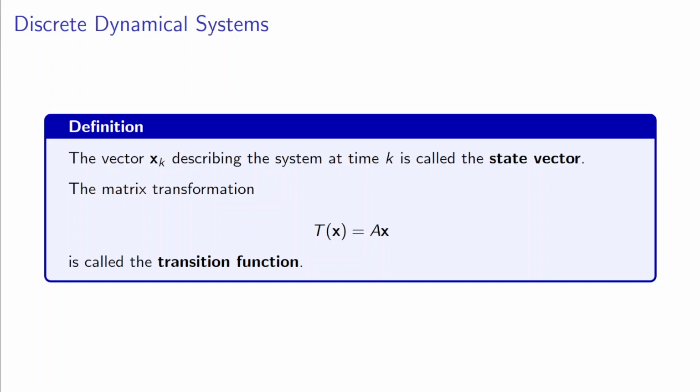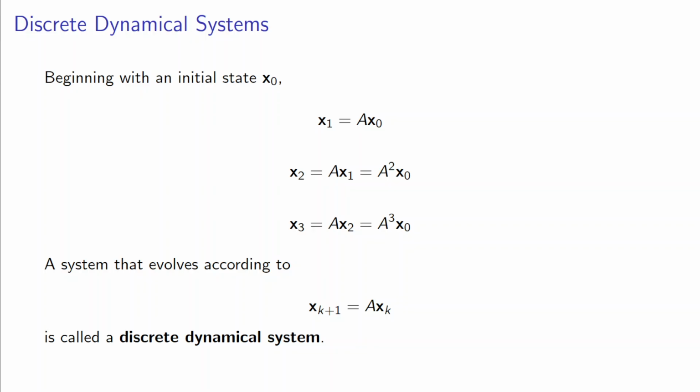The vector xk describing the system at time k is called the state vector. So here we're defining some terms that we were just using in that previous example. And the matrix transformation T of x equals Ax is called the transition function. This is all related to this idea of a discrete dynamical system.